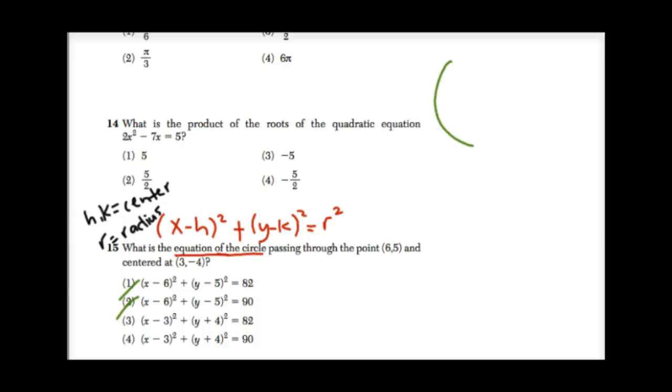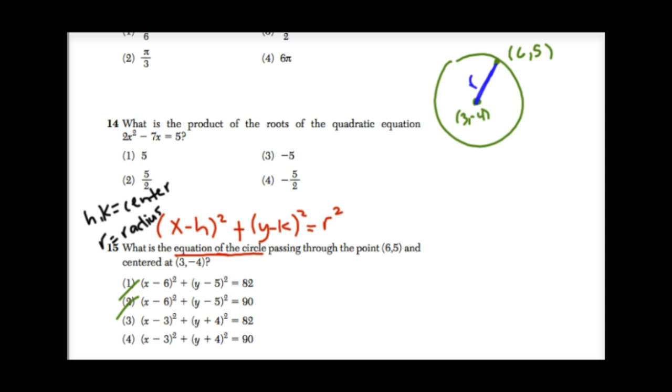So this is a circle. The center is at 3. All right, so this is my center, which is at 3 comma negative 4. And then there is some random point, let's call this here 6 comma 5. I want to know what's the distance from this. This is my radius, correct? This is my r.